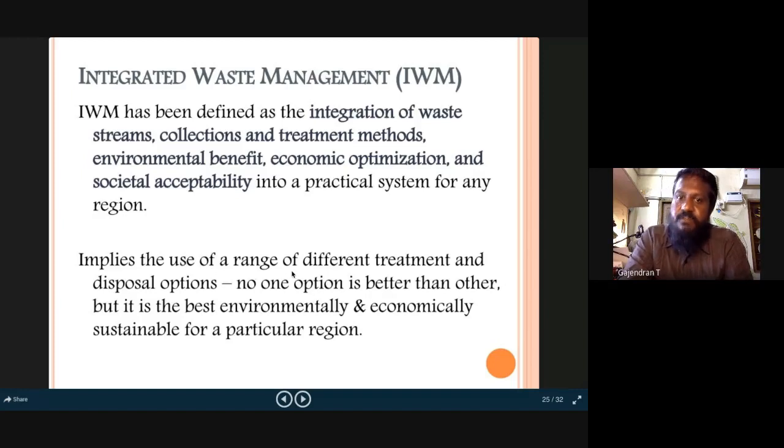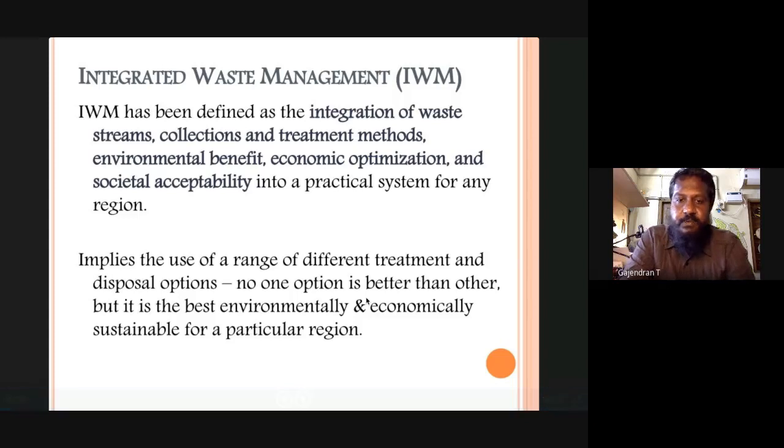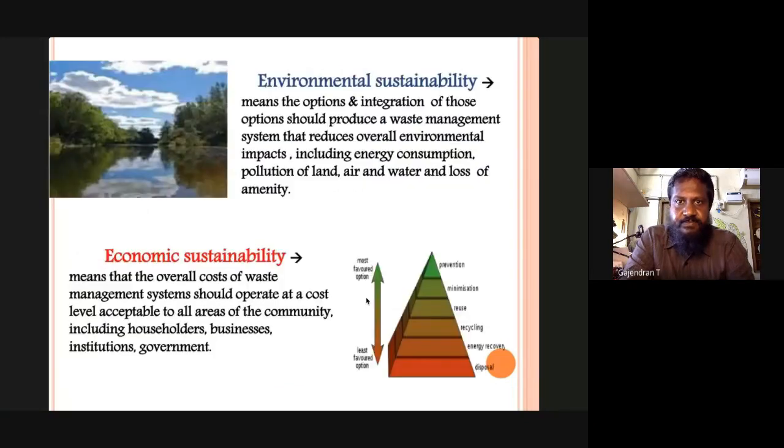It implies the use of a range of different treatments and disposal options. No one option is better than the other, but it is whichever is the best environmentally or economically sustainable in a particular region. As I said, proper waste disposal is environmentally friendly, and economically we can also get a lot out of waste.